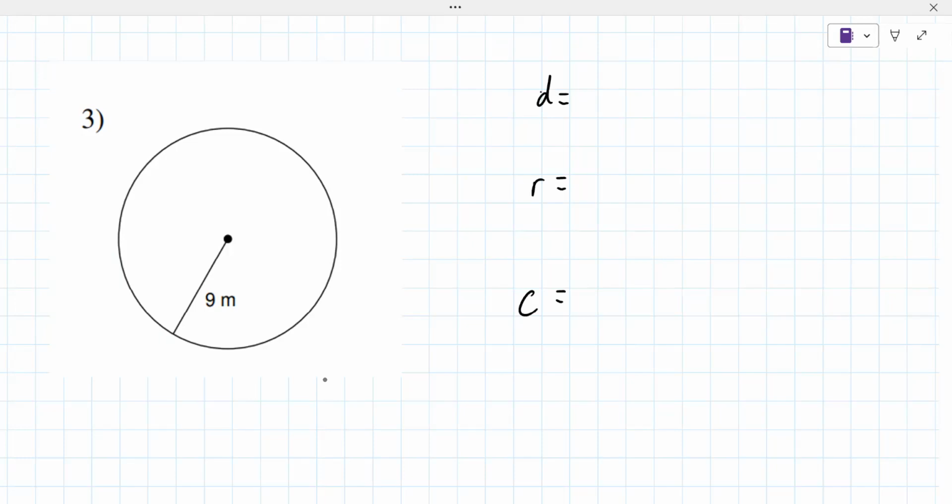The circumference is 56.52 millimeters. The diameter would be 18 millimeters and the radius would be 9.